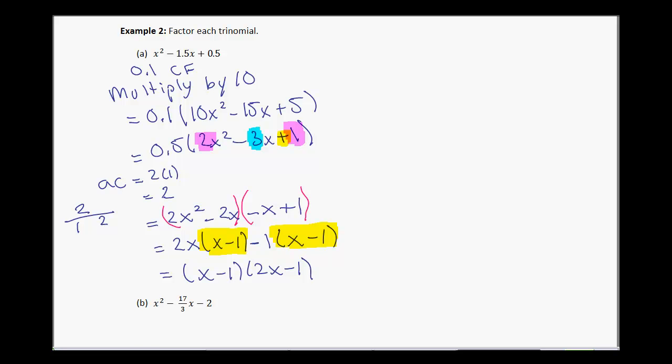But we did take out a common factor of 0.5, so we should include that 0.5 back into our factors as so. 0.5 times x minus 1 times 2x minus 1. And that there is our final answer for our factoring.